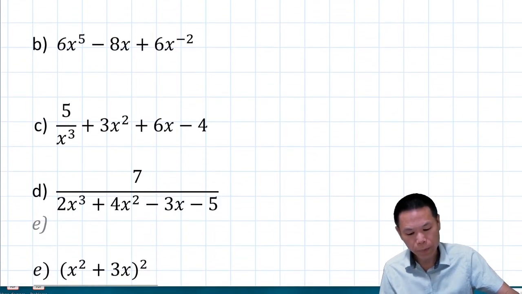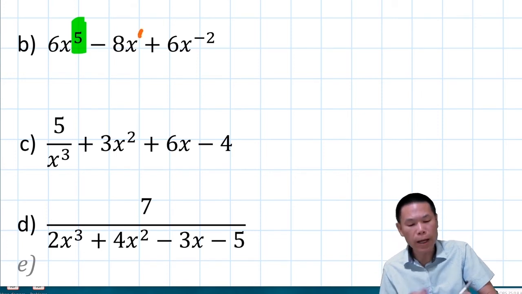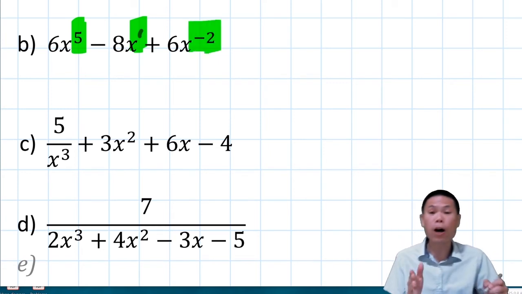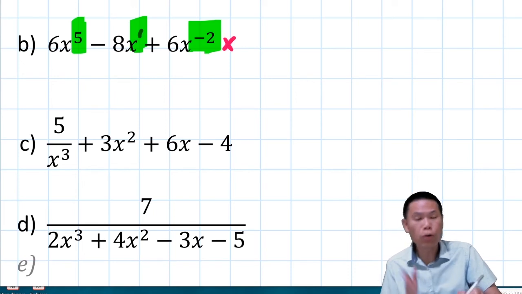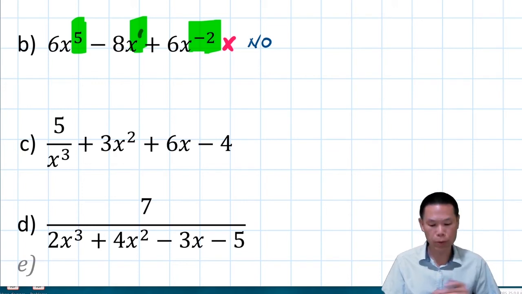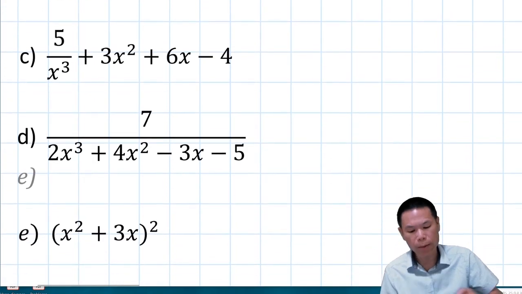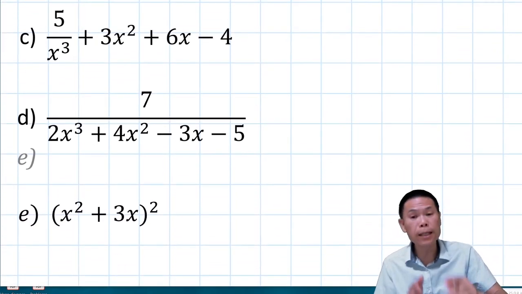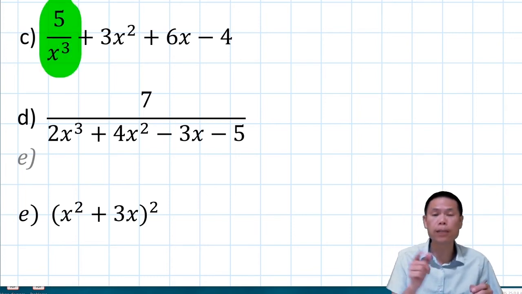Let's go to the second one. We have x to the power of 5, which is good. And x means x to the power of 1, which is good. But then we have x to the power of negative 2. So therefore, it is not a polynomial. So I just write no. Now, next one here, part C. Part C is not a polynomial because we have 5 over x to the power 3.